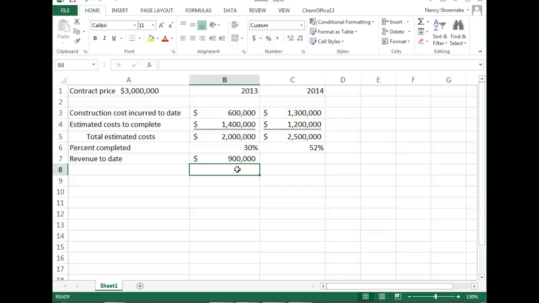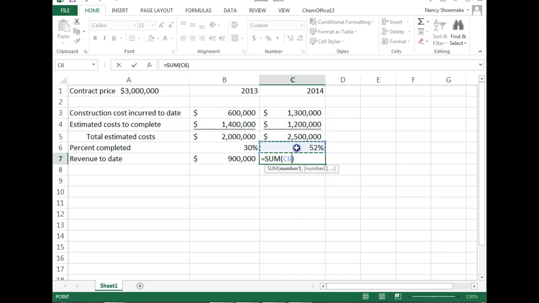We're doing good? Okay. Now, what's going to happen, guys? We've got here 52%. So if we anticipate that we're now at 52%, shouldn't we, by 2014, be recognizing $1,560,000 to date of all of our revenues?